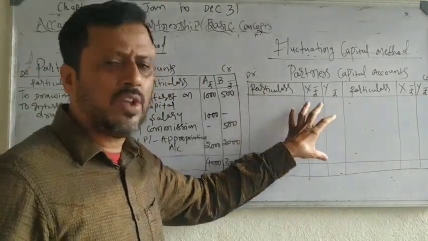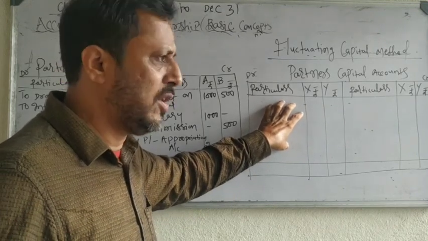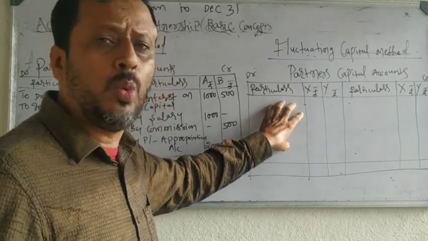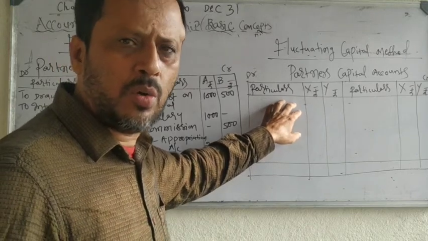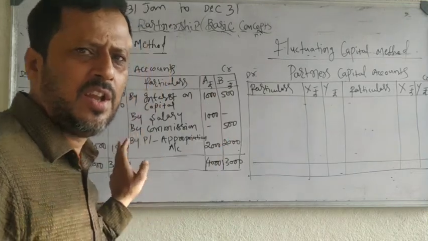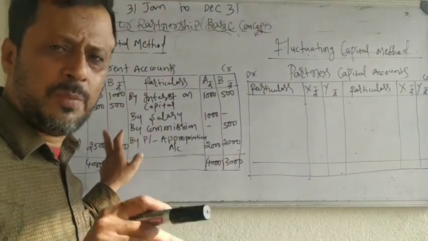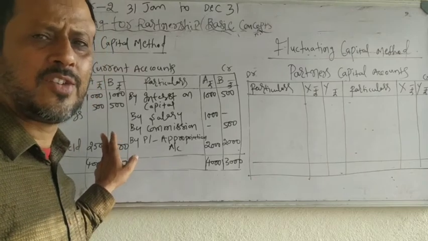So you will get this question also in practical section. Prepare two partners' capital accounts with imaginary figures under fluctuating capital method. Here, prepare two partners' current accounts with imaginary figures under fixed capital method.